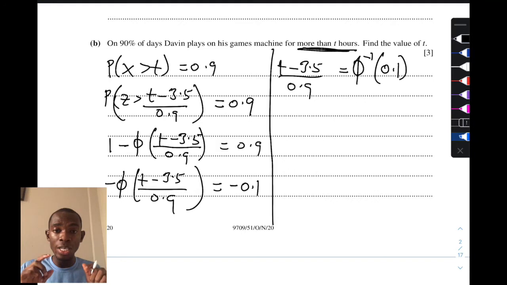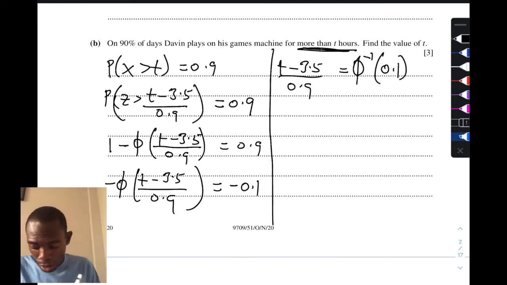So what you do is you do negative phi to the negative 1 of, into bracket, 1 minus that value, because once you cannot read it on the z table, it means that it is on the left hand side, because this z table starts from 0.5, so that's half of it, and everything over there. So if you cannot find it, it means it's on the left hand side of the mean, and the mean is 0 when you normalized it.